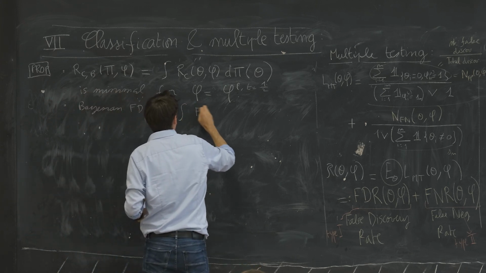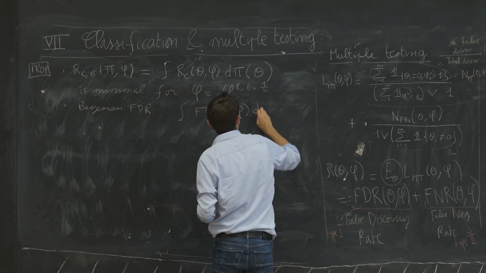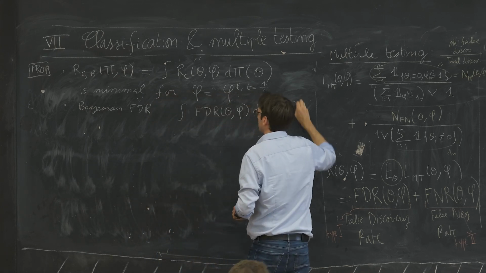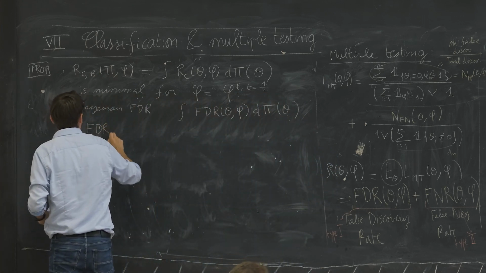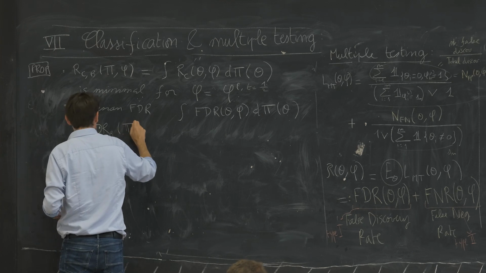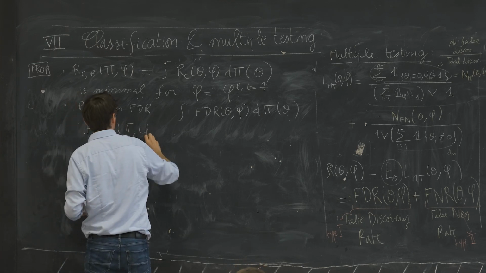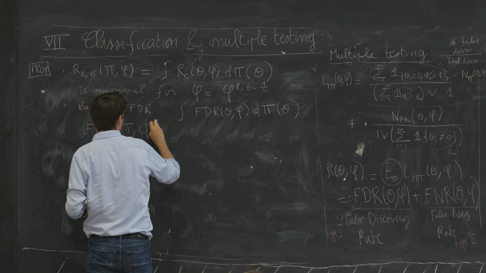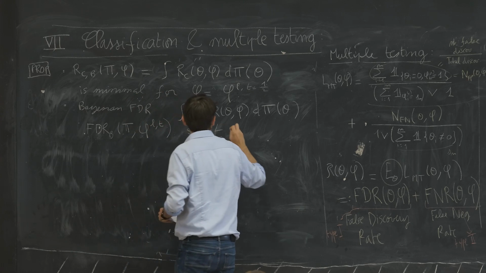It's just the integral of the pointwise FDR at theta against the prior, which I can denote FDR_B pi of phi. And if I look at the L-value procedure at level t, this is smaller than t.